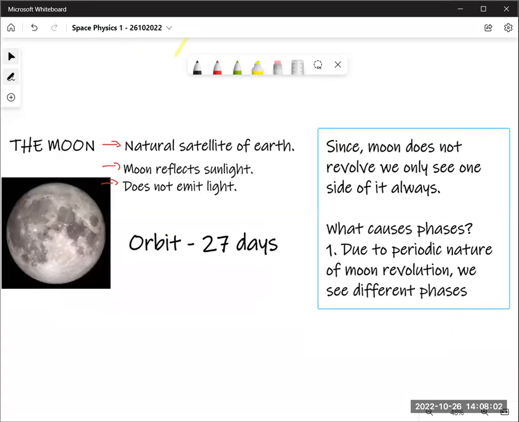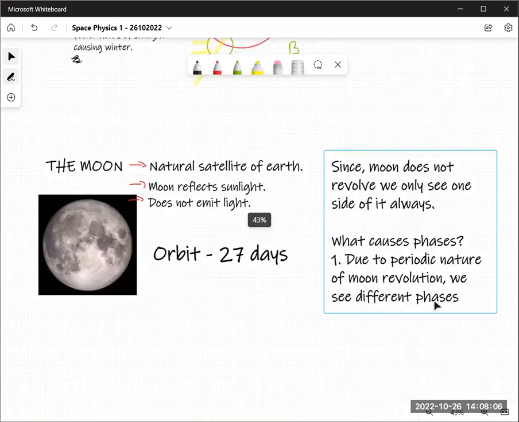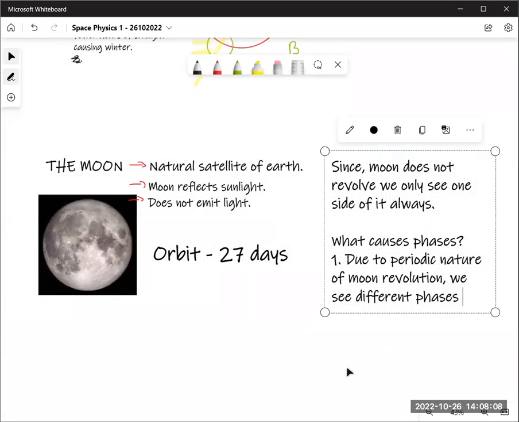They're not going to ask you to actually identify phases. You just need to know what causes phases, and we need to realize that because of the periodic nature, we see different sides of the moon, and that creates these phases. You don't have to memorize the phases.